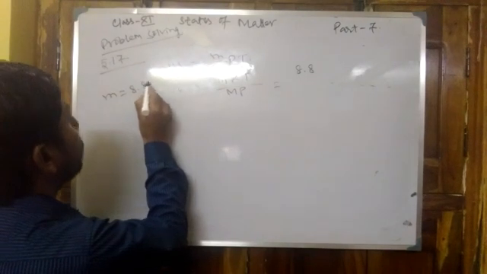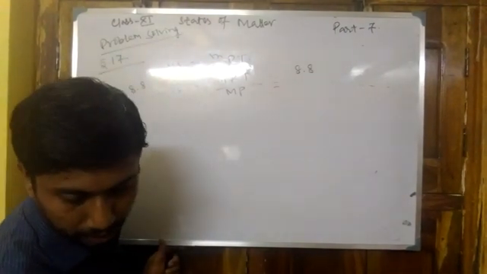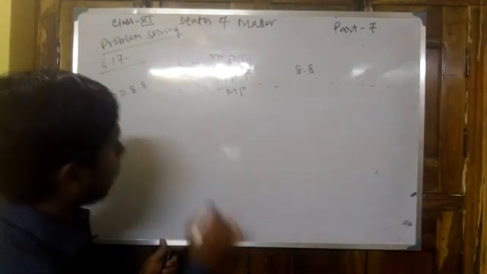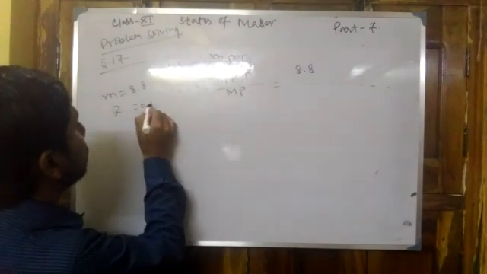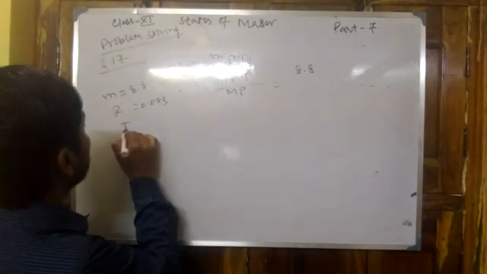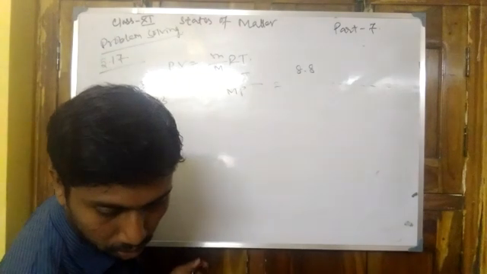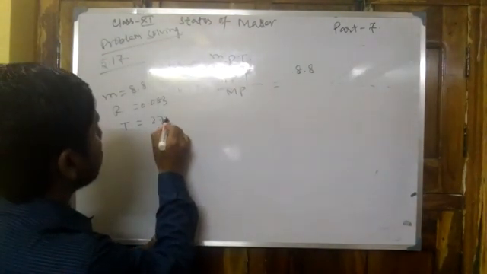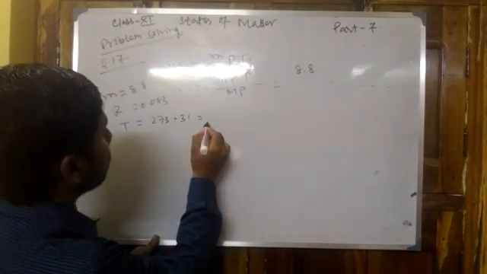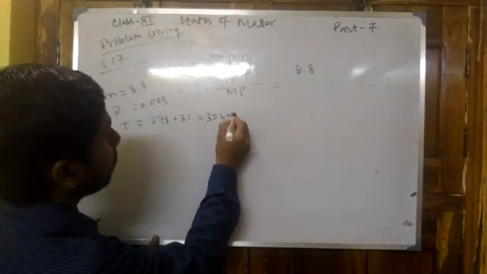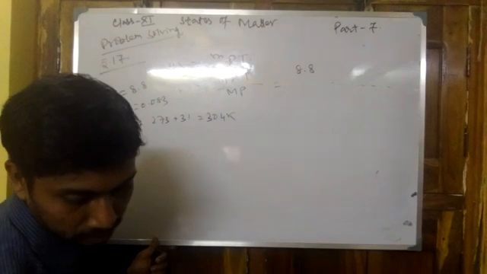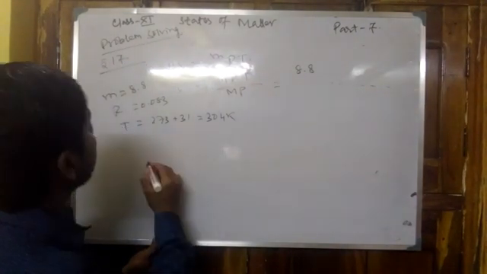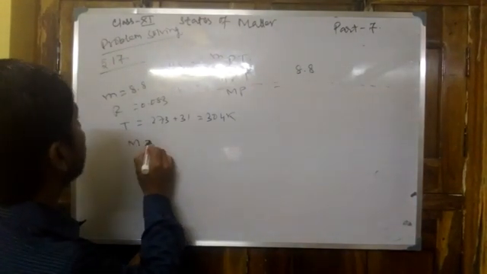Small m equal to 8.8, and R equal to 0.083, T equal to 31, that is 273 plus 31, that is equal to 304 Kelvin. This is the T.